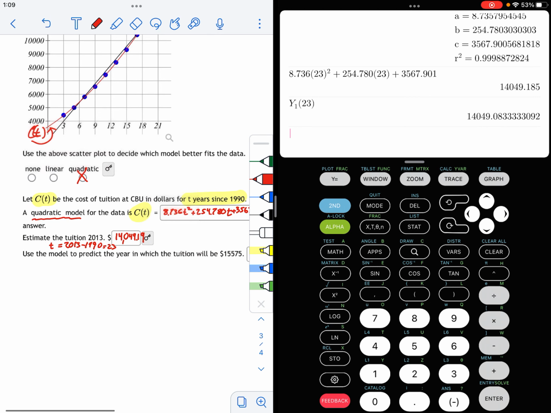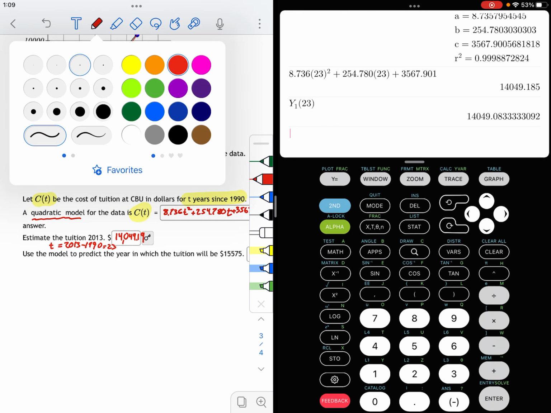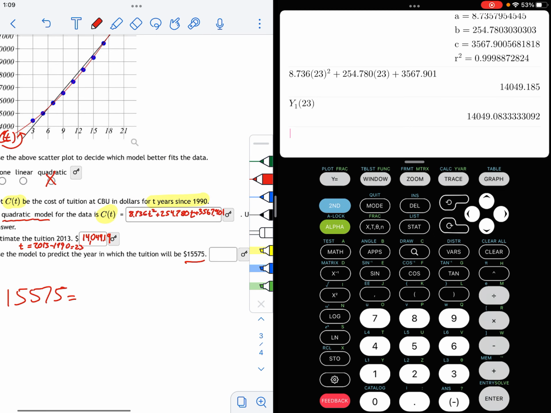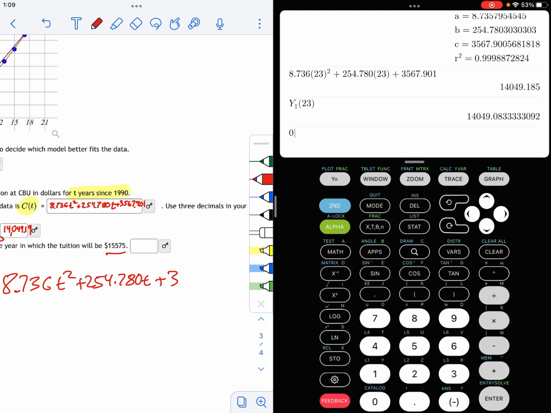Last but not least, we want to know what year will give us a tuition of 15,575. So we need to find a t value where 15,575 is equal to 8.736t squared plus 254.780t plus 3567.901.